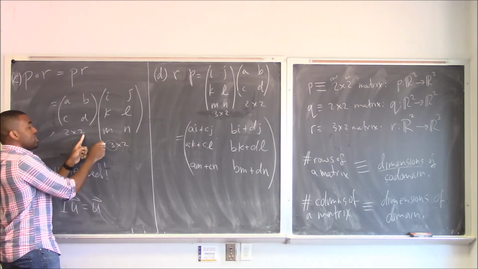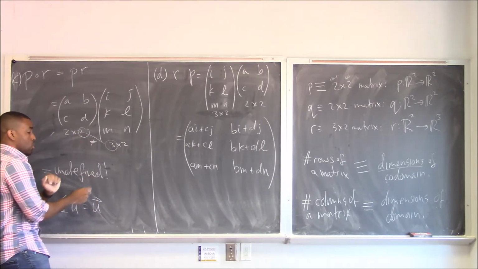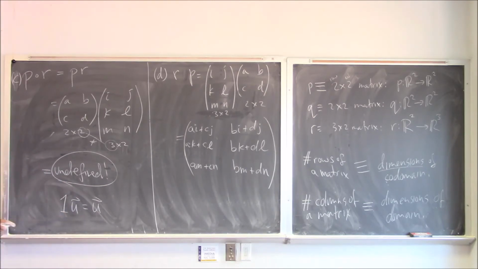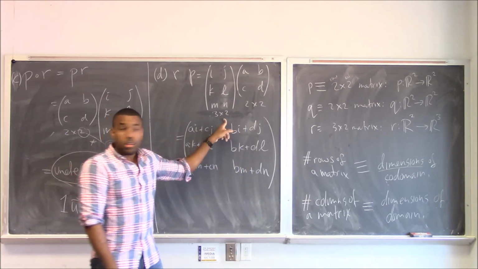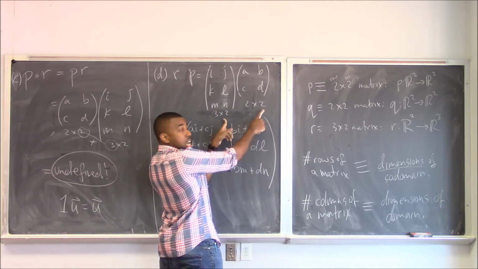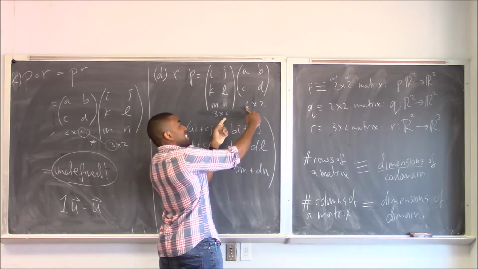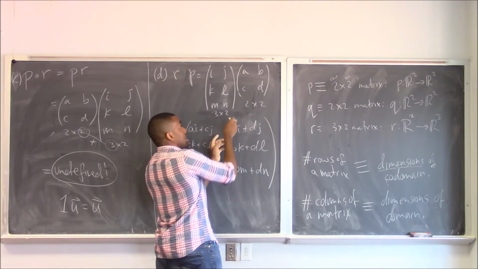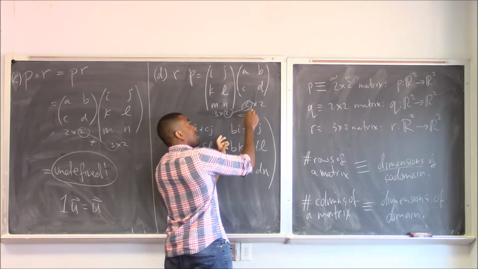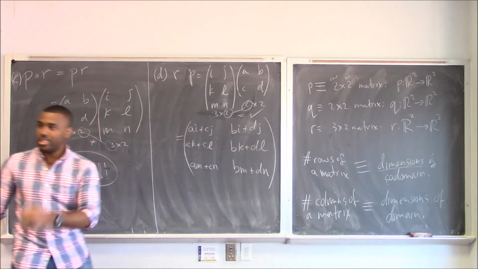The fact that these two numbers are not equal was the problem. Here though, that didn't happen. The input was two dimensions, the output is two dimensions, and the input of the function that I tried to connect it to is also two dimensions. These numbers are the same. Great.